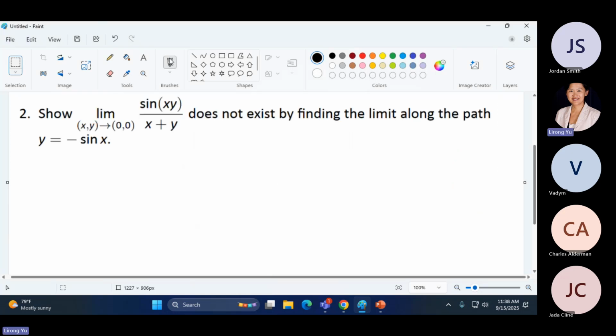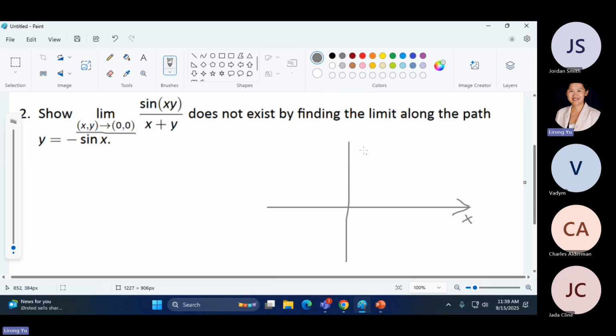The second one. So what I'm saying is xy is approaching 0. So on the xy plane, here is a point 0, 0. We're seeing xy approaching 0. It could be approaching 0 here, approaching 0 here.